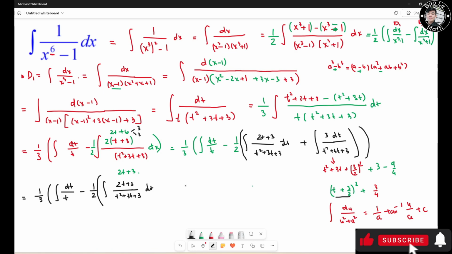So this turns out to be plus the integral of 3 dt over t plus 3/2 altogether squared plus 3 over 4. I can write 3 over 4 as root 3 over 2 altogether squared, so that I can apply the formula right here.